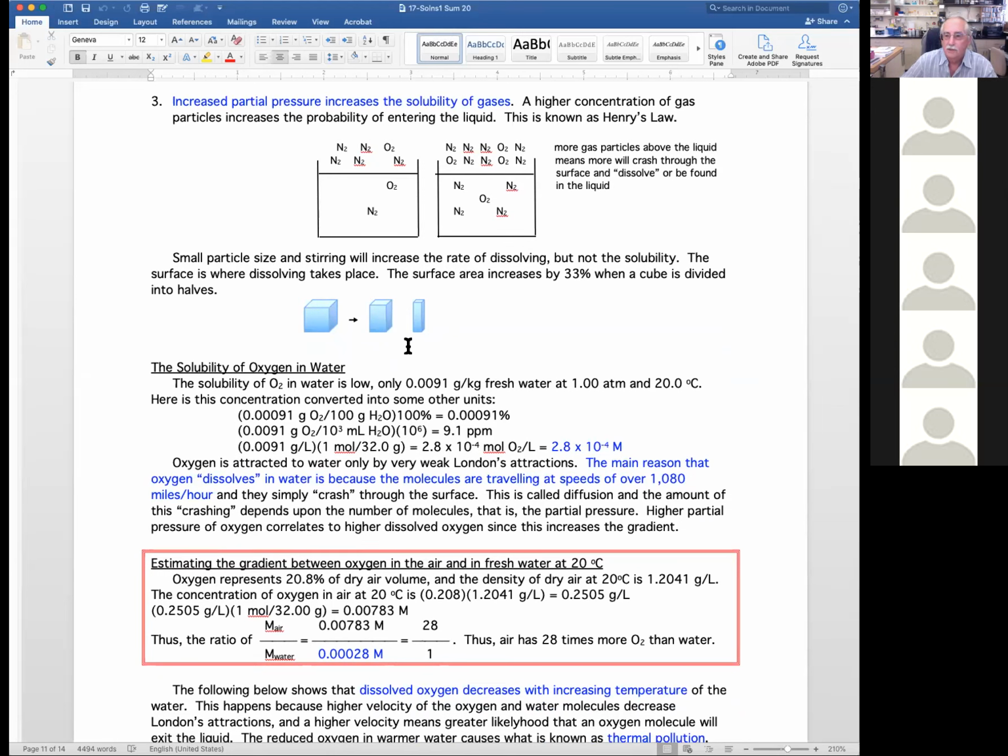But then eventually all get granulated. So why did they do that? If I take a cube and I just cut down the center of it, I've increased the surface area 33%. And where does dissolving happen? At the surface. Increase the surface area, increase the rate of dissolving.